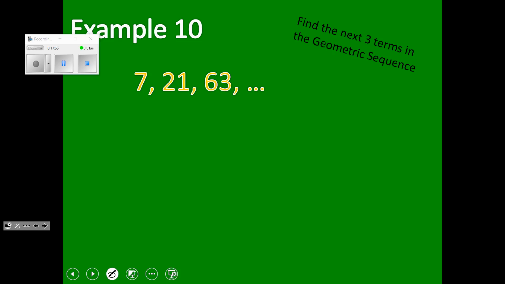Find the next 3 terms in the geometric sequence.